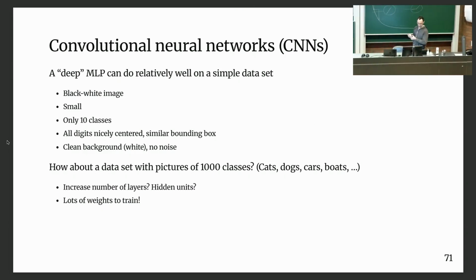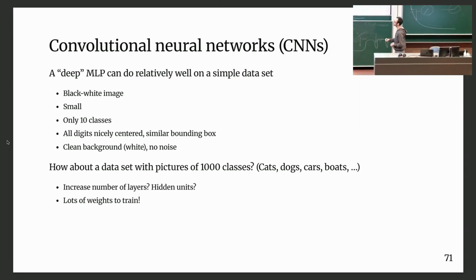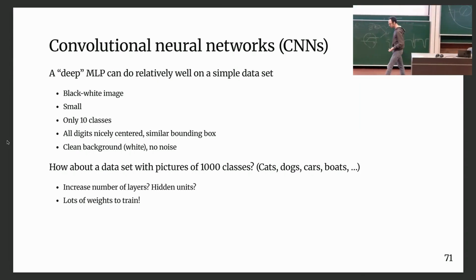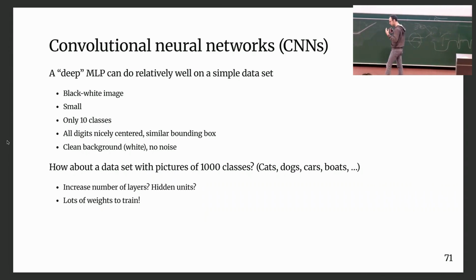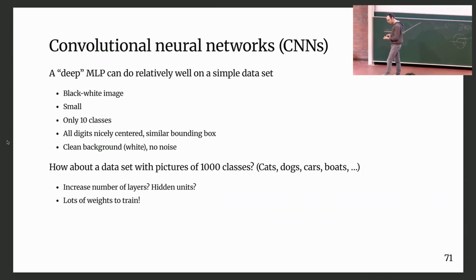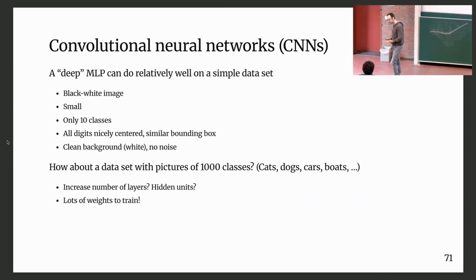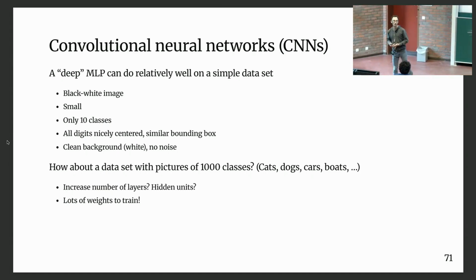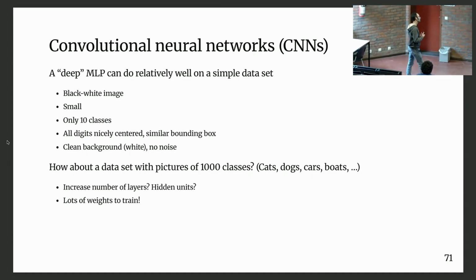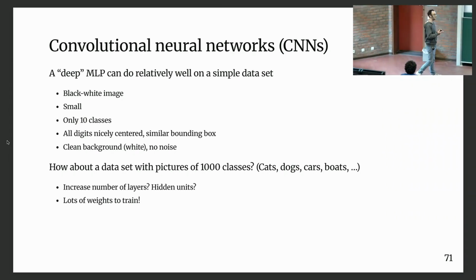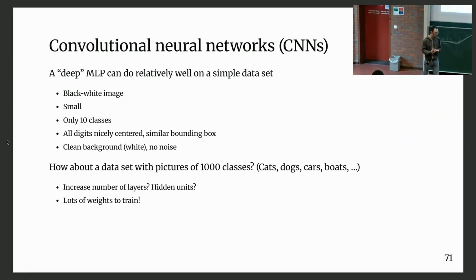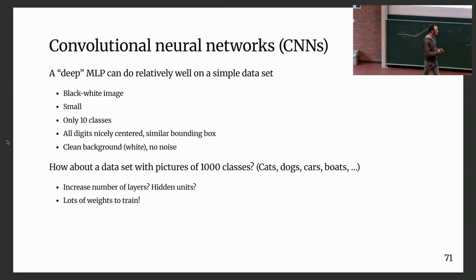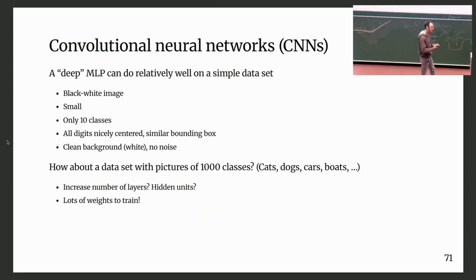If we go back to the example of the handwritten digits that we had previously, the number 5 in black and white, if you approach that with an MLP, pick a good optimizer, and apply some dropout perhaps, or regularize, you will get a good result. On the other hand, you work with very small images, 28 by 28 pixels. They're black and white images, and you only have 10 classes, right?